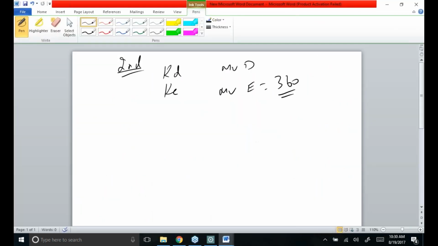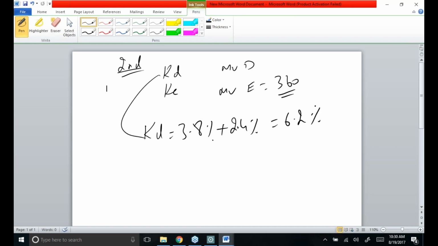So let's move to the question. What about the cost of debt? Cost of debt will be 3.8 plus 2.4%, which is 6.2%.